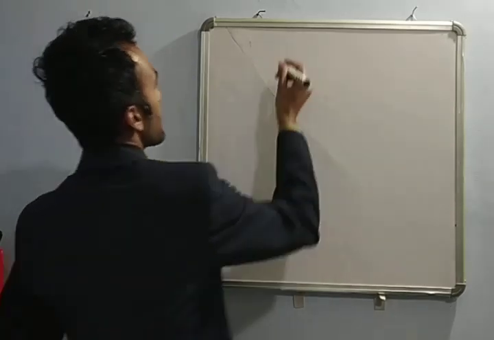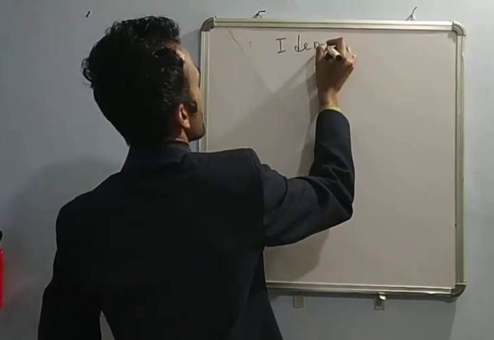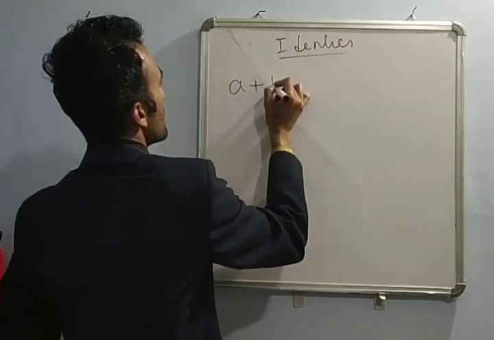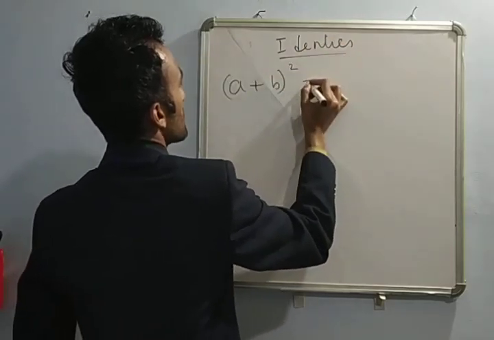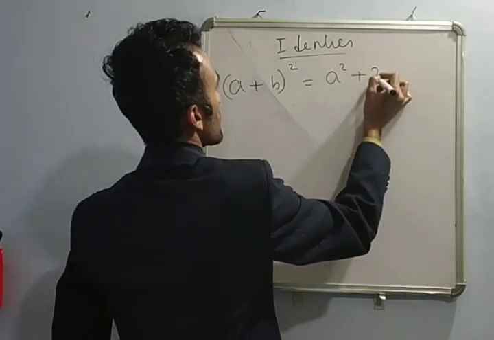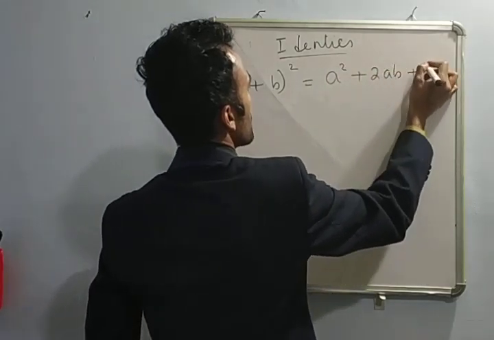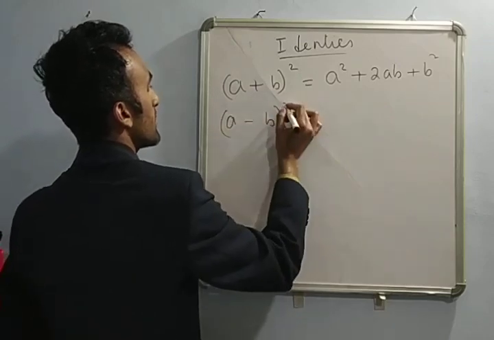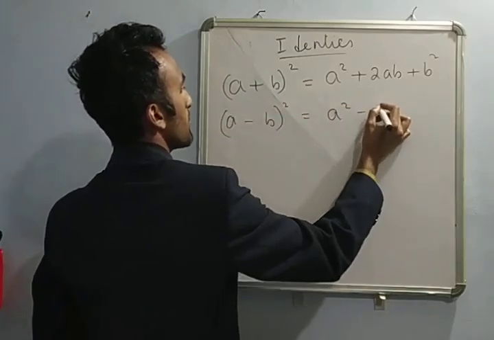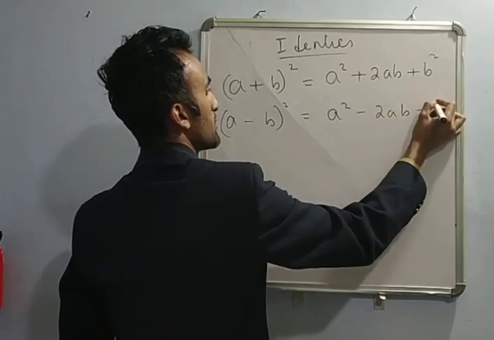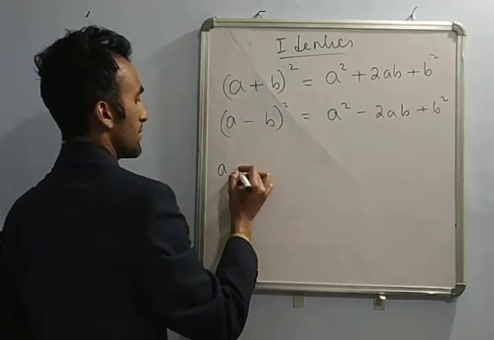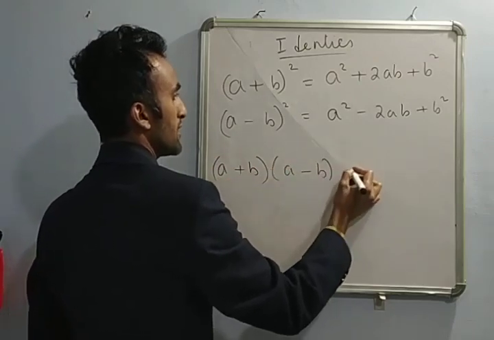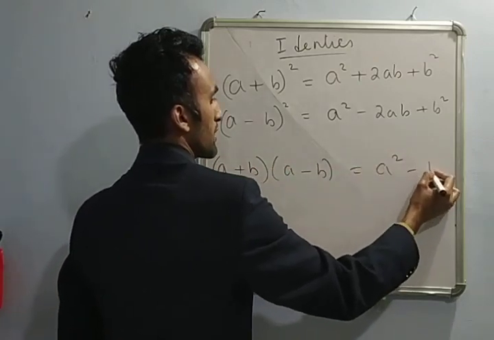Now you have to know some algebraic identities. A plus B whole square is equal to A square plus 2AB plus B square. A minus B whole square is equal to A square minus 2AB plus B square, and A plus B product with A minus B is equal to A square minus B square.